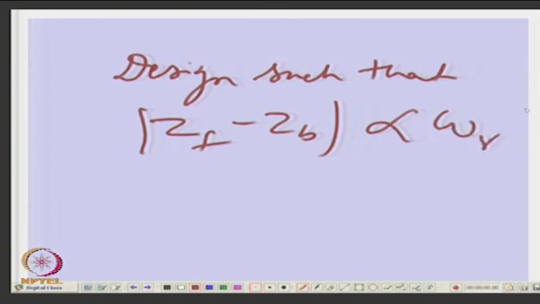Okay. And what happens when speed is 0? Z F equals Z B, so therefore it is 0.